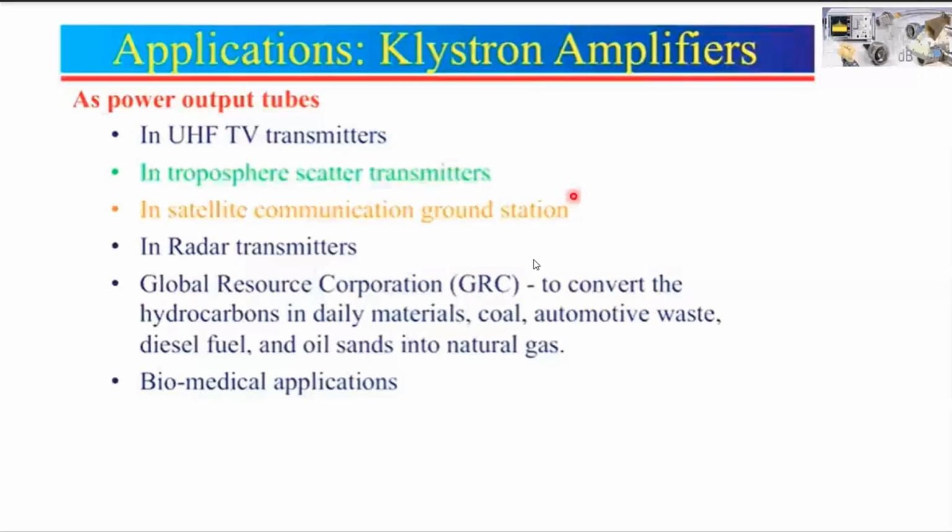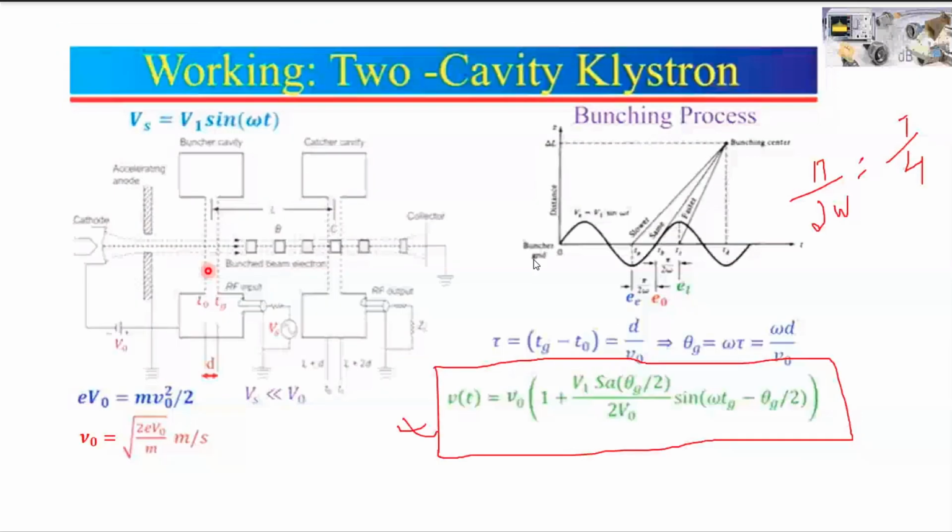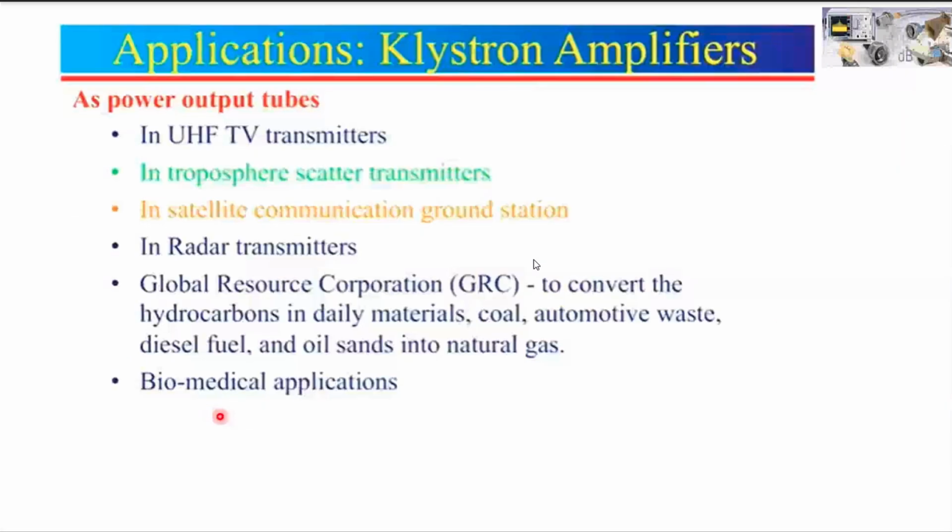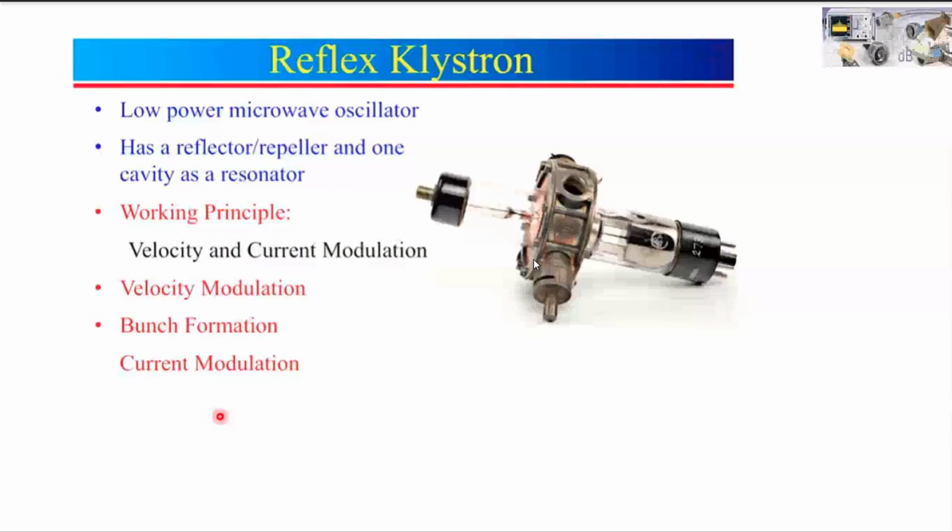Another thing we have to discuss is what a reflex klystron is. In the two cavity klystron we can see amplification taking place. There is no feedback from input to output. Both are independent. But in the case of the reflex klystron, that is not the case. So we will see what a reflex klystron is.